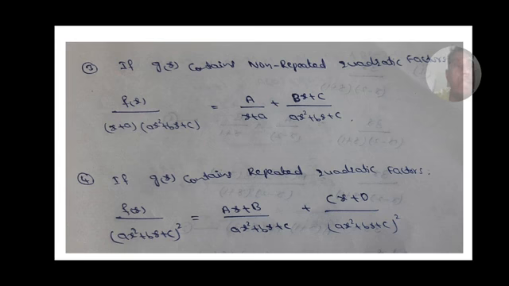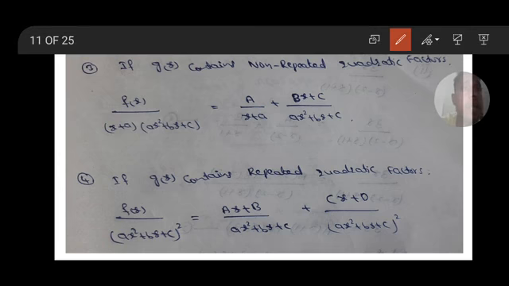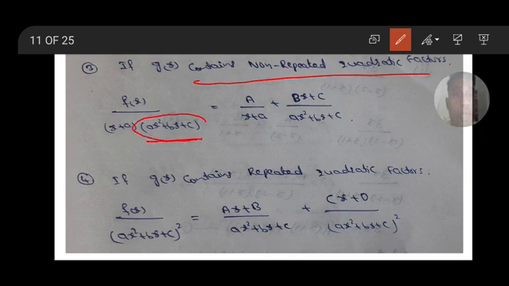Next, the third one. If g of x contains non-repeated quadratic factors, that is f of x by x plus a into ax square plus bx plus c. Here the denominator contains a quadratic factor ax square plus bx plus c, and here I am taking one linear factor.